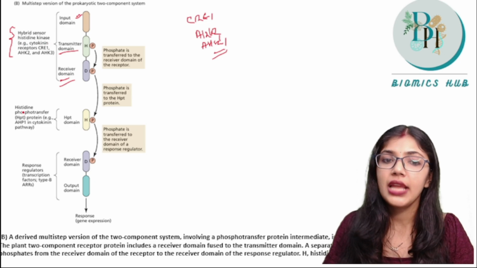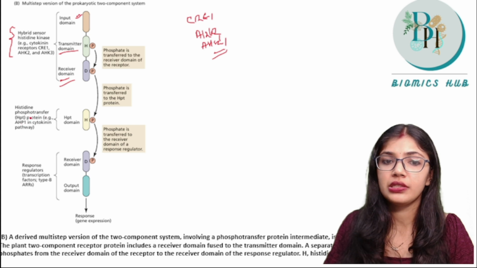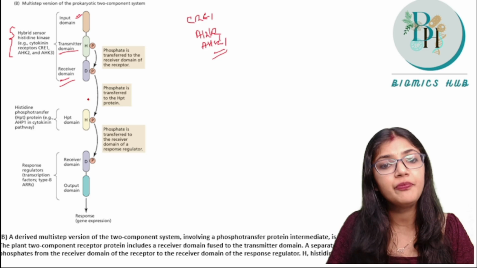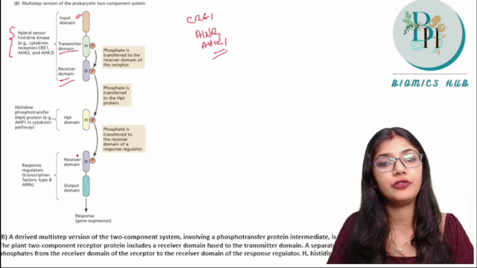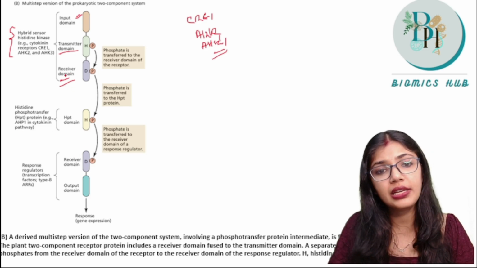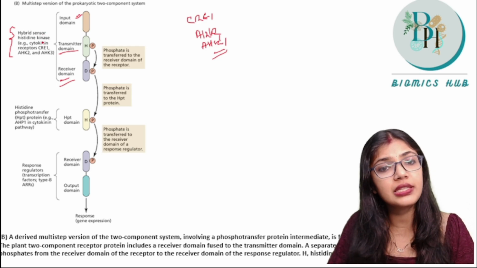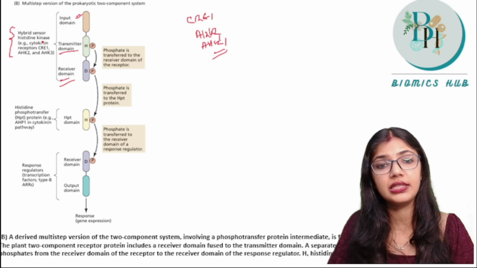Next is the histidine phosphotransfer domain. This is responsible for transferring the phosphate to the receiver domain. Here there is the hybrid sensor histidine kinase.